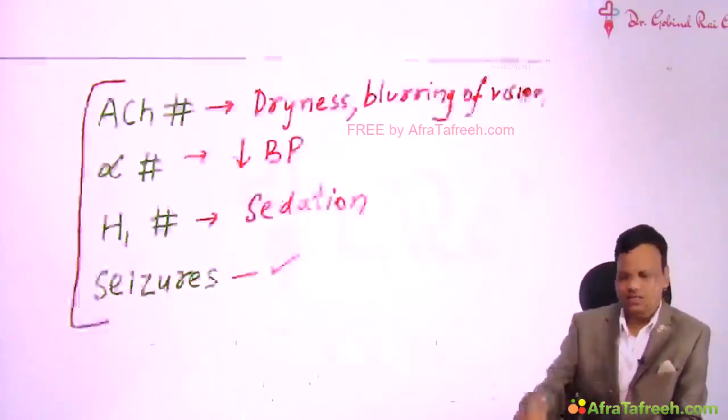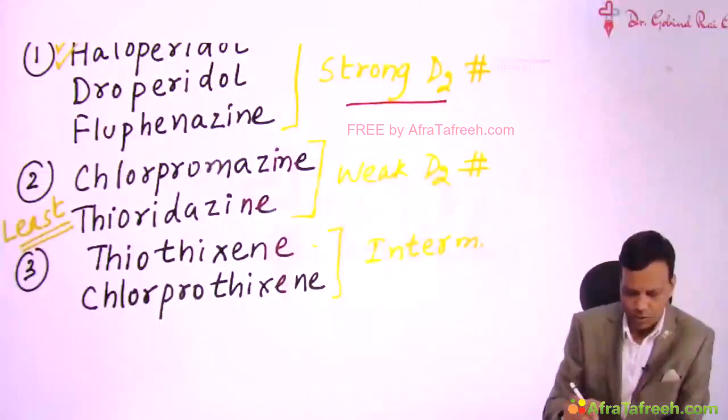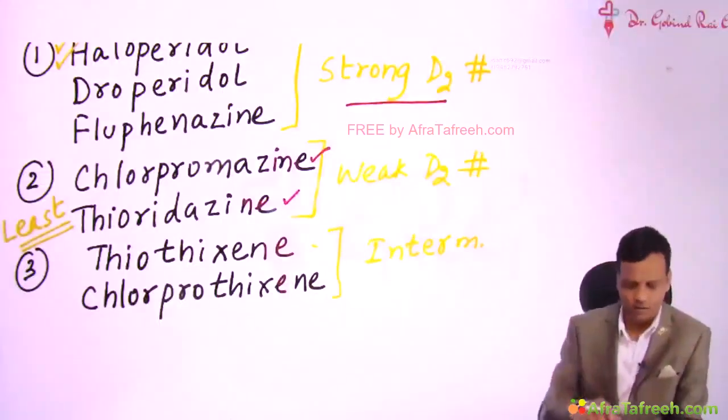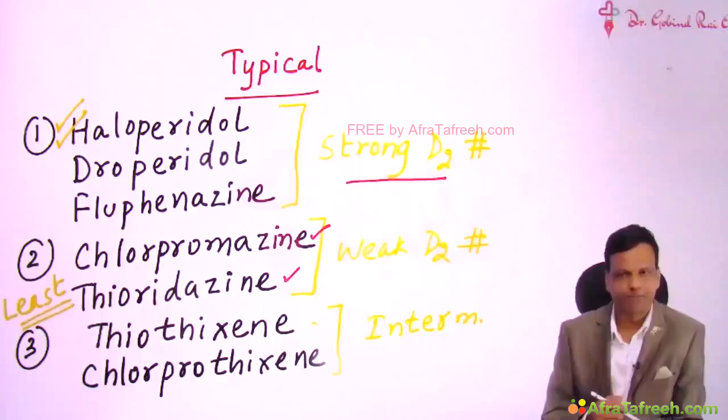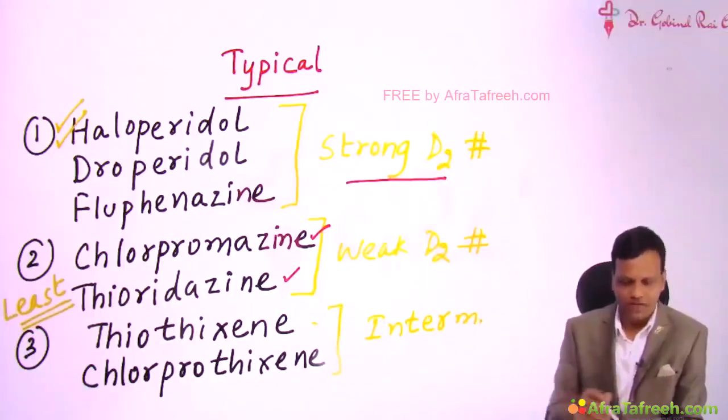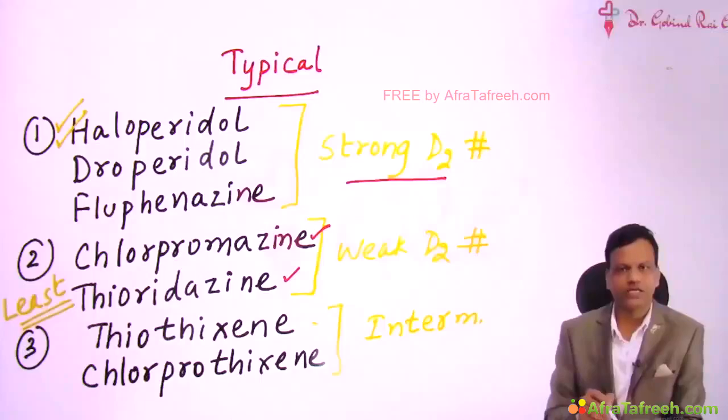But the important thing, these side effects are more common with chlorpromazine and thioridazine-like drugs, and less likely with haloperidol-like drugs. So you can remember this fact easily: typical antipsychotic drugs will cause some side effects. If we give a strong drug, it will cause extrapyramidal symptoms or hyperprolactinemia.